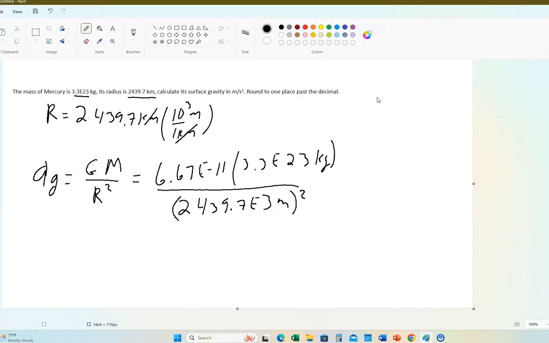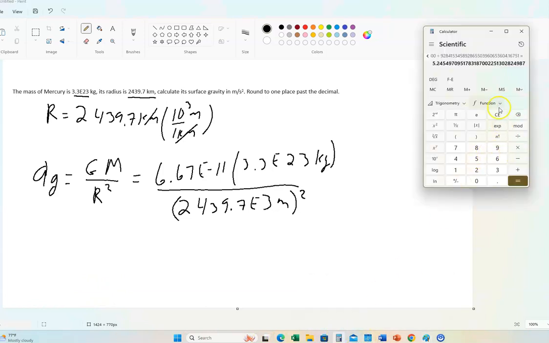All right, so there are actually units of big G, and that makes everything work out so that the acceleration due to gravity, or the surface gravity as it's called, is going to be in meters per second squared, just like it is on Earth. All right, so let's get our calculator and we'll do this calculation real quick because I'm running out of time.